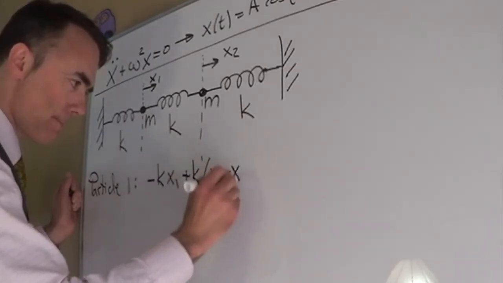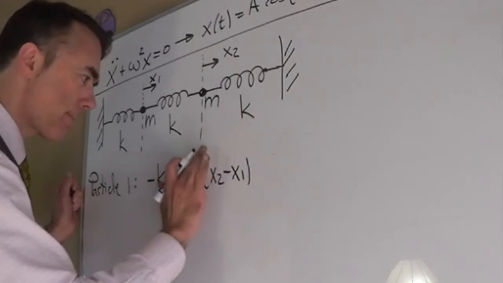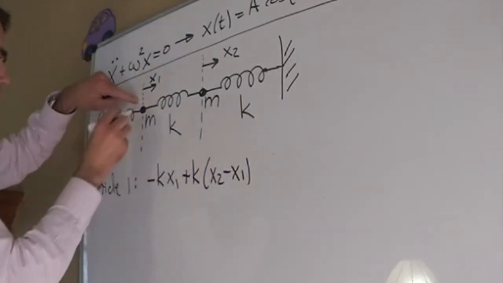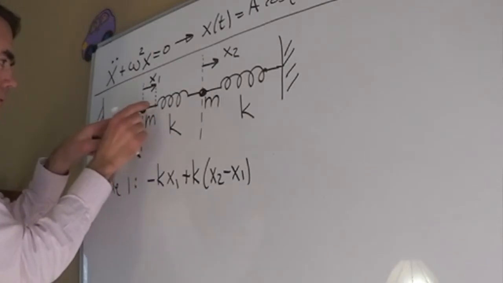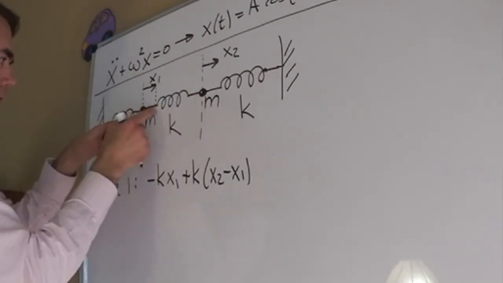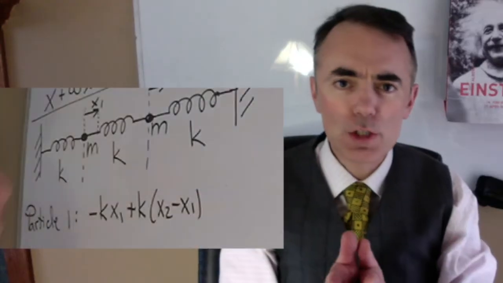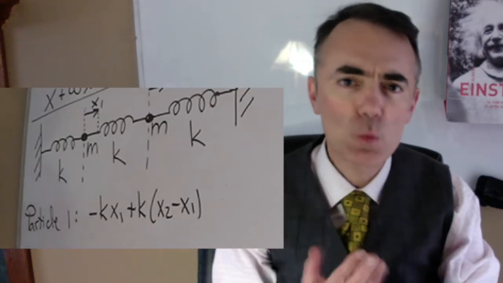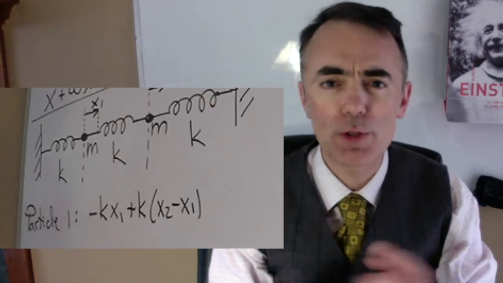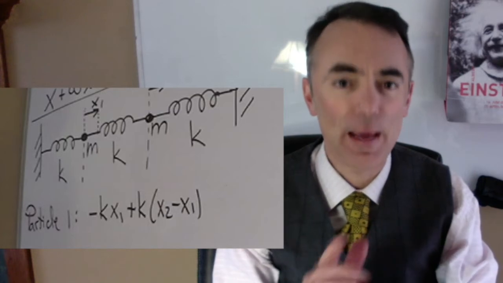This spring 2 has been stretched or compressed an amount x2 minus x1. So the force on particle 1 due to spring 2 will be k (x2 minus x1). If x2 is greater than x1, the force points right. If x1 is greater than x2, this contribution changes sign and the force points left.